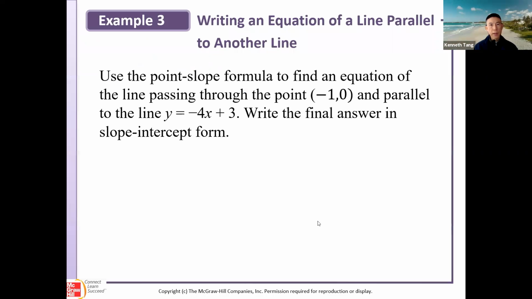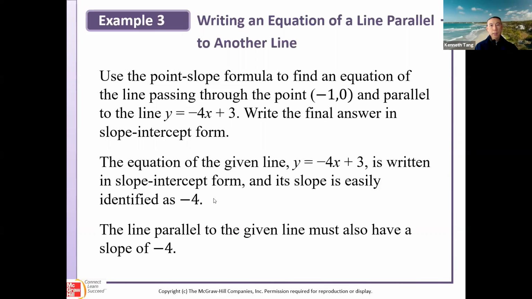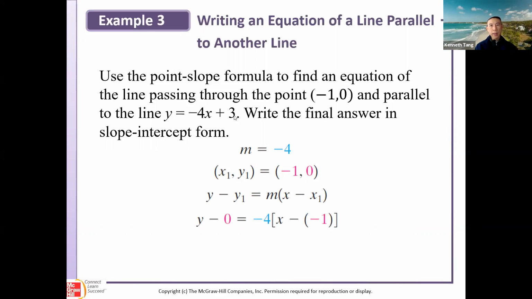Here, write the equation using the point slope formula to find the equation of the line passing through the point, and it's parallel. That's the key word, parallel to the line. That means your slope must be the same slope. Given the slope equal to -4, you have m equal to -4, and I'm going to use the point slope formula, plug in the slope -4 and the point -1, 0, which is already given.